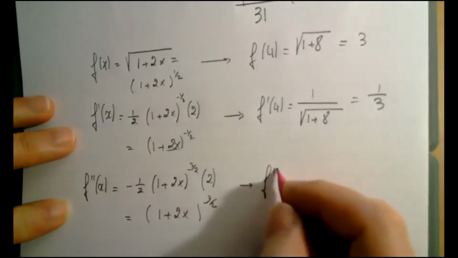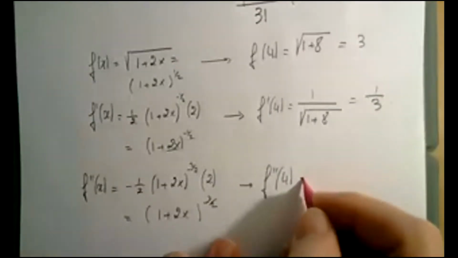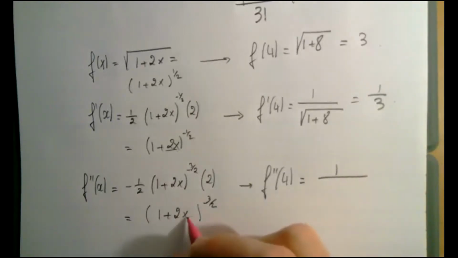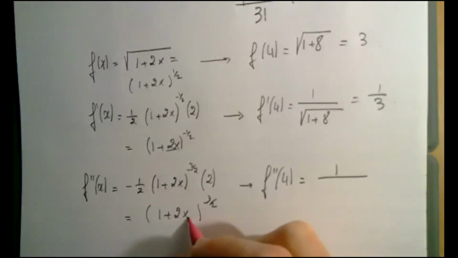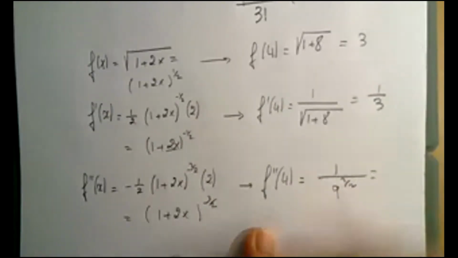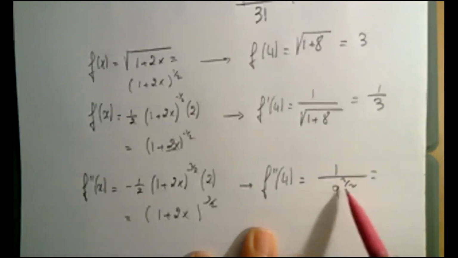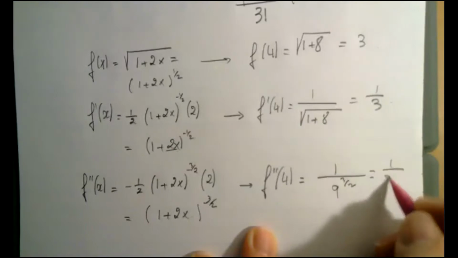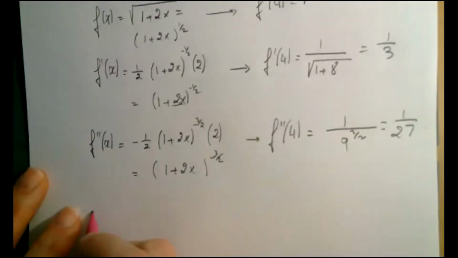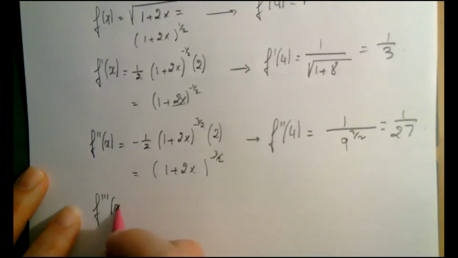And this tells me that the second derivative is 1 over, I plug in 4 in here, I will get a 9 to the power 3/2. That's why I picked an easy number. The 9 to the power 3/2, that gives me 3 squared. So this is 1 over 27. So it is tedious, but it's not hard because I did not pick a hard function.